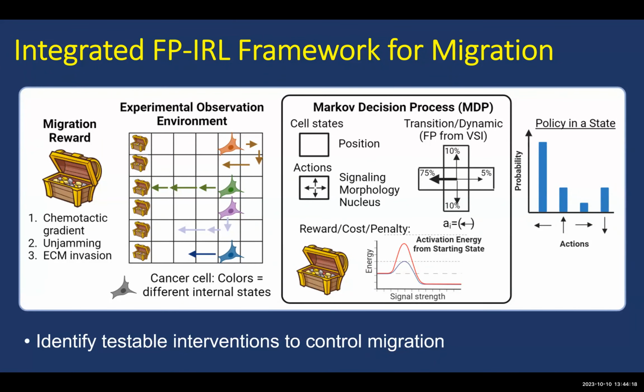Cancer cells may not be interested in money so much as the chemotactic gradient, but on all those steps, the Markov decision process in IRL considers the various states, actions, based on some changes that we can have, signaling, morphology, nuclear position, and then considers what's the cost for the next step in the process, what's the cost for the action. And that's where the VSI FP framework can provide those probabilities and help us understand the actions that may occur.